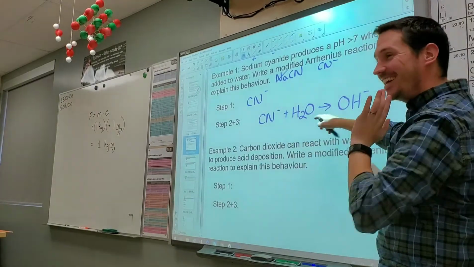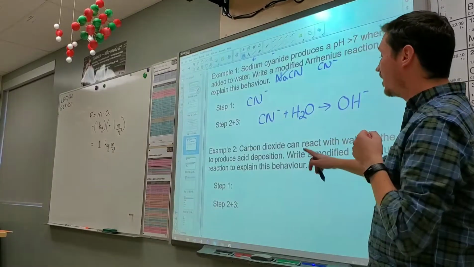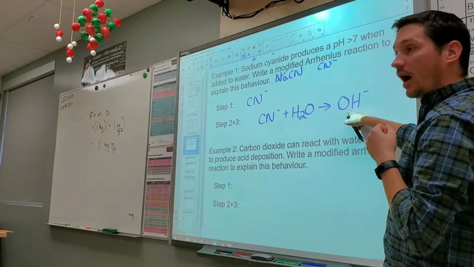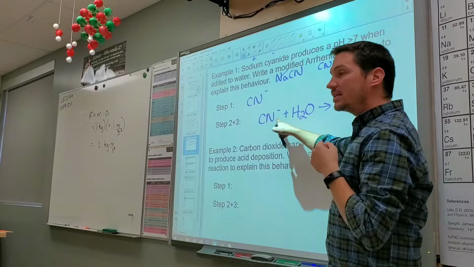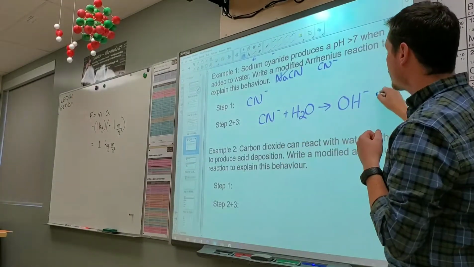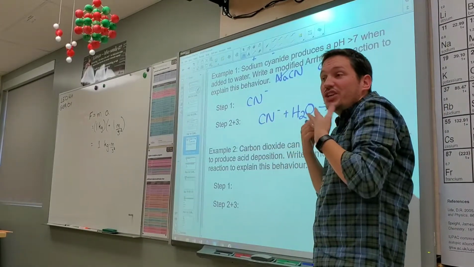So this is a big leap for some of us, and that's totally fine. What did the water turn into? Hydroxide. So if it turned into hydroxide, what did the cyanide steal from it? It stole a hydrogen. So if this thing stole a hydrogen, what is it going to turn into?